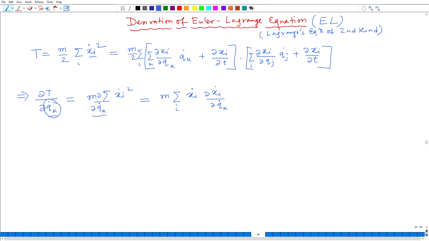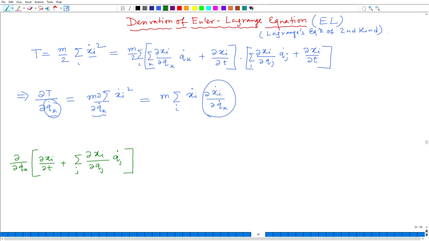Now I can calculate this quantity separately. When I calculate del by del q_k dot of x_i dot, x_i dot is once again del x_i by del t plus summation over j of del x_i by del q_j times q_j dot. I am sorry, I should write j over here.